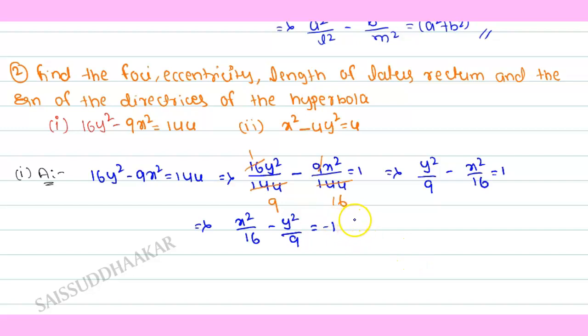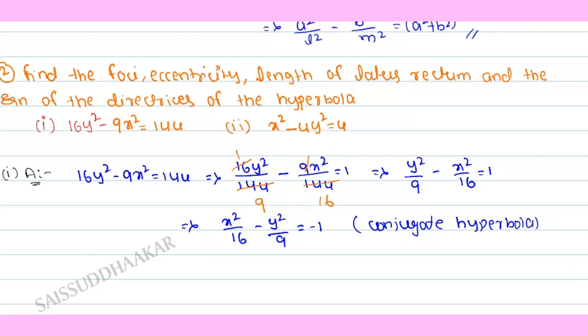This is nothing but the equation of a conjugate hyperbola. This one we are naming as a conjugate hyperbola. The equation of a conjugate hyperbola is x square by a square minus y square by b square is equal to minus 1, right?